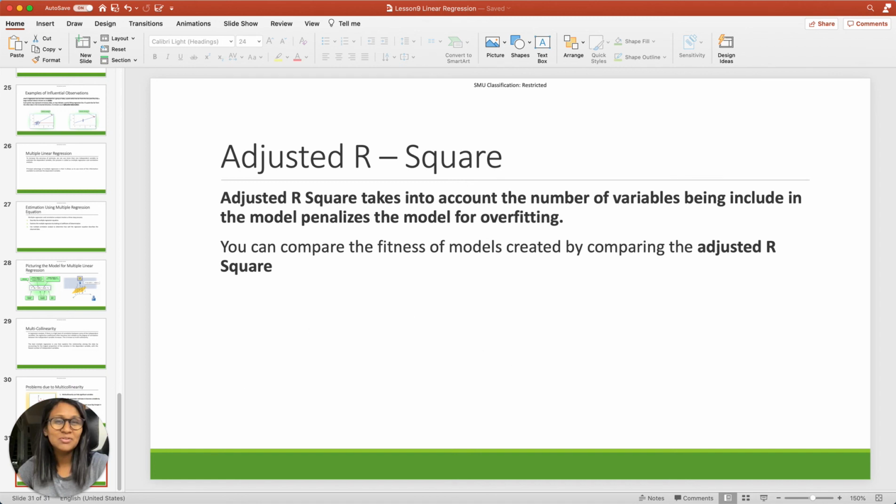I'm not going to go into the formula of adjusted R square, but essentially why is it called an adjusted R square? Because it adjusts the value of the R square for the number of variables that are being included in the model. With a higher number of variables in the model, the adjusted R square might go up or might go down. It all depends on whether the added variable is statistically significant in the model or not.